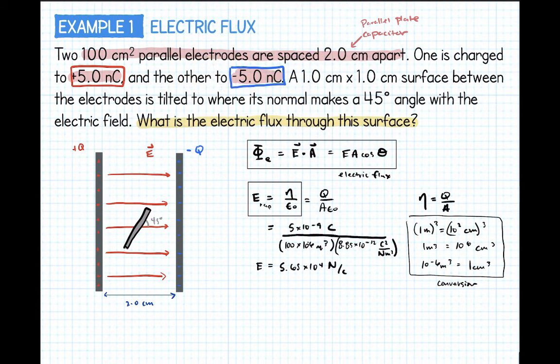So the area, not the area of the parallel plate, it's the area of the thing in the field. The area should be 1 centimeter by 1 centimeter, so 0.01 meters squared, because it's a square. Okay, so this gives us 1 times 10 to the negative 4 meters squared.